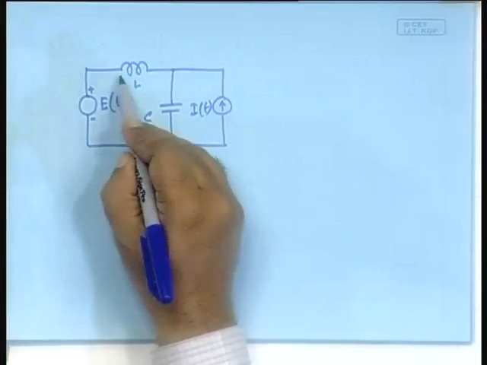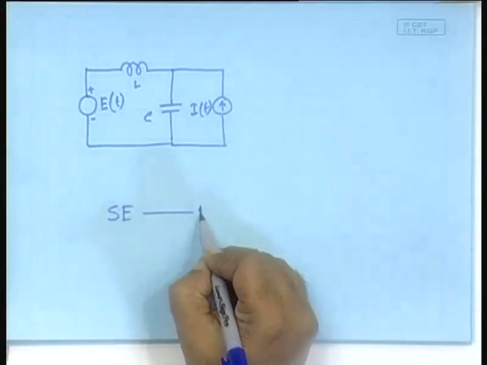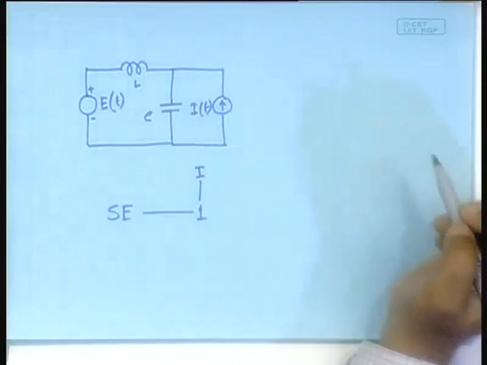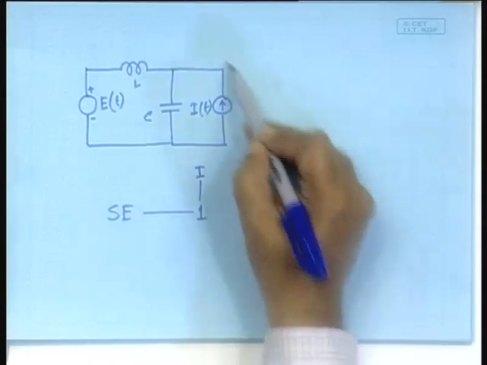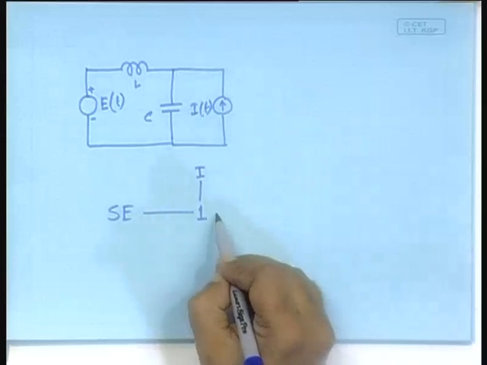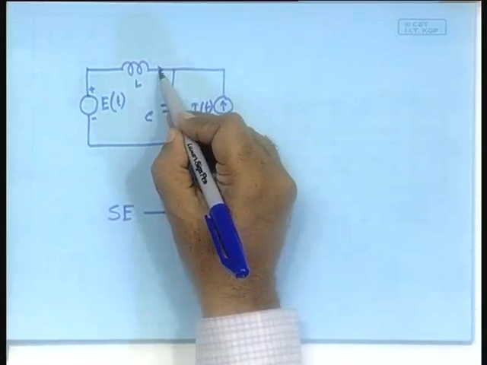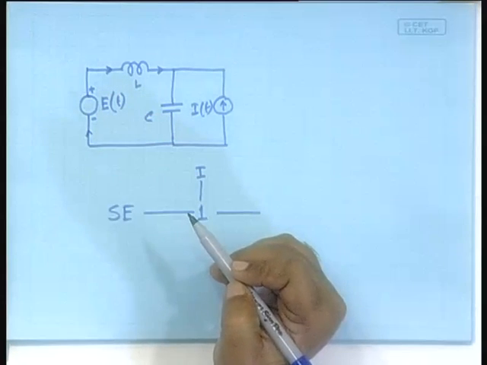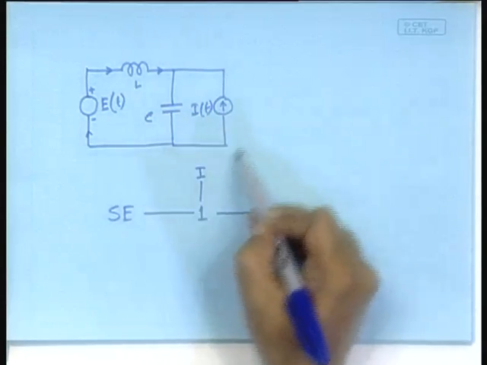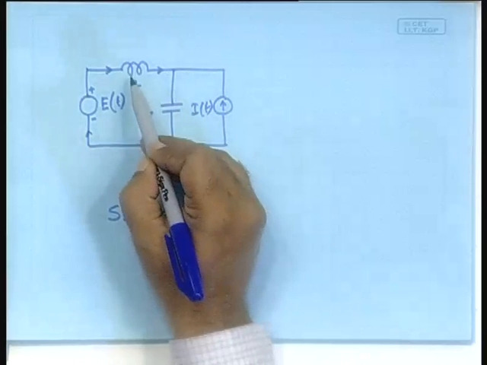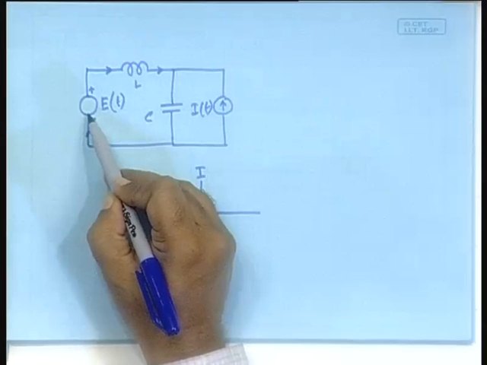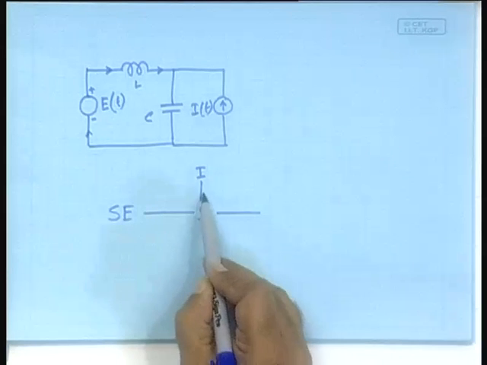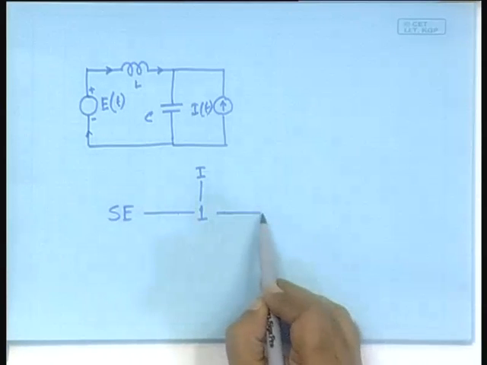Therefore, it should be connected to a one junction to which the I is connected, and the rest of the circuit, this whole thing also shares the same flow, right. The flow here and the flow here and the flow here are the same. So, this whole block shares the same flow with the inductor and the source of effort, and therefore, this is the representation. All these bonds carry the same flow.